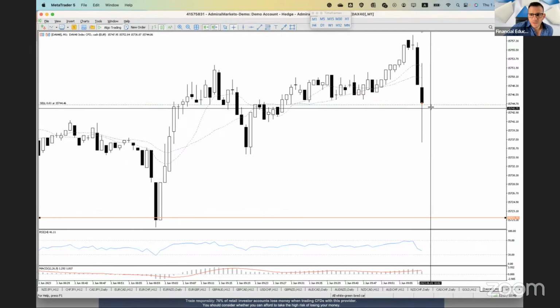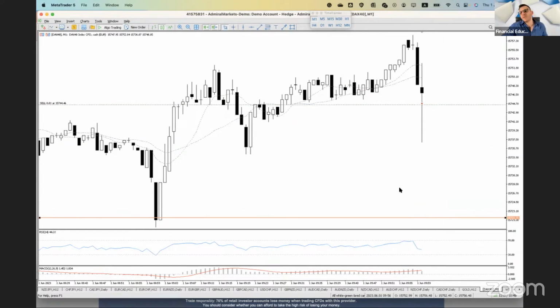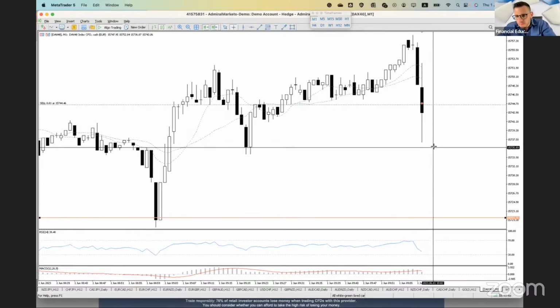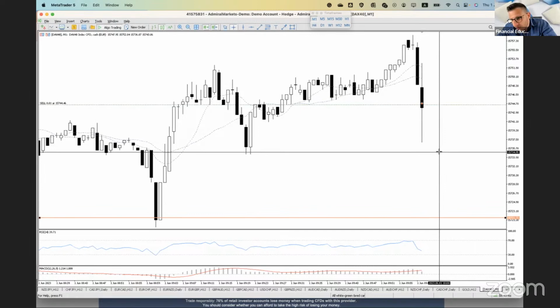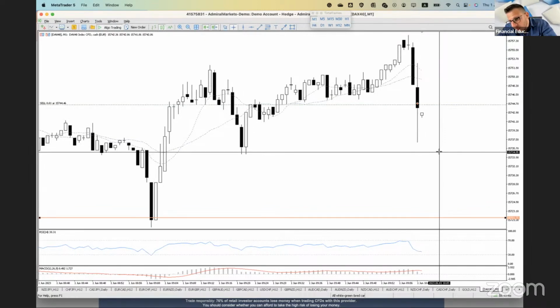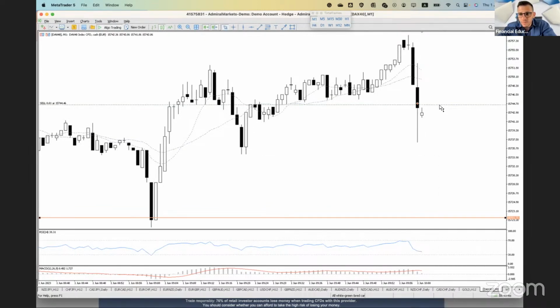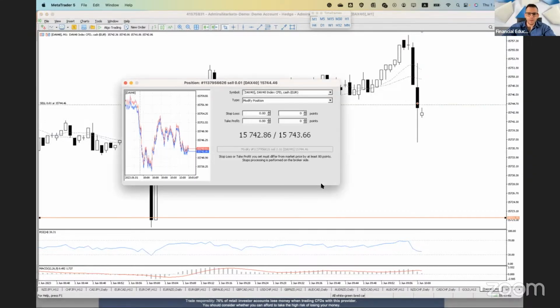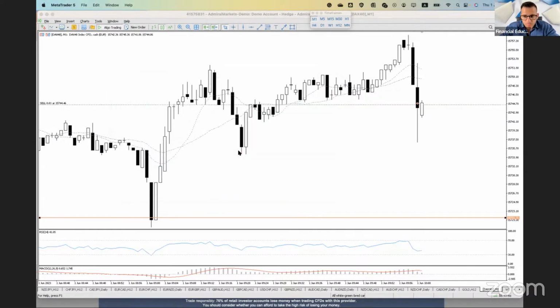Okay, I got filled on the short side. I'll be waiting to see if the market is going to continue. I would like to have a profit target at 15,734.